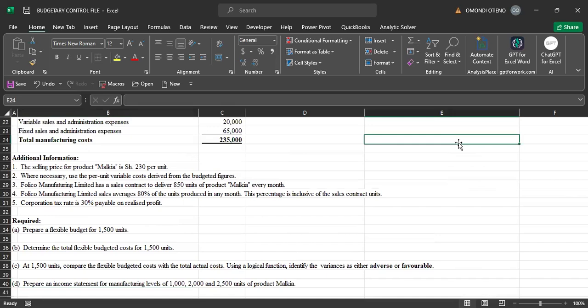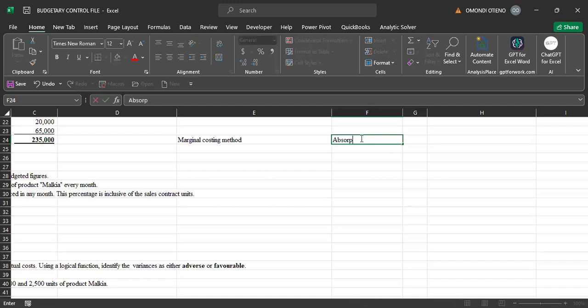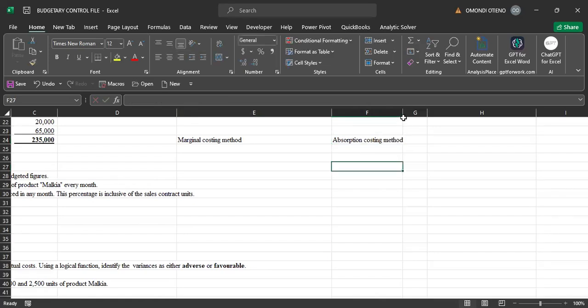Number one, they can be applying what we call the marginal costing method. They can be applying method number two, which is called absorption costing method.